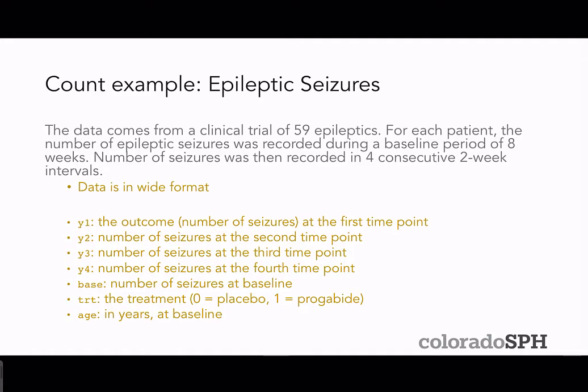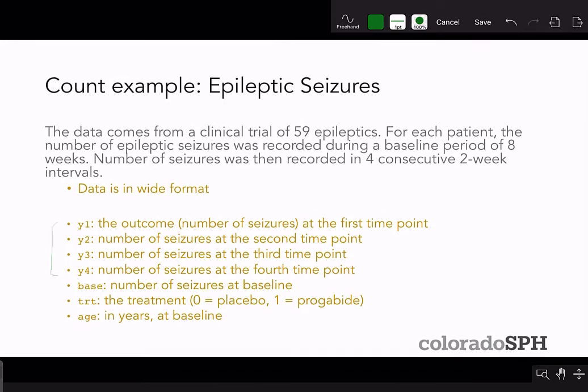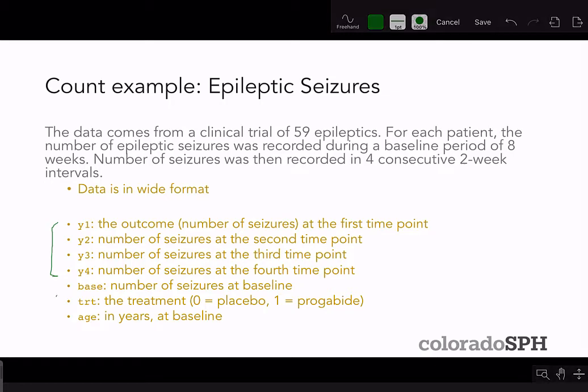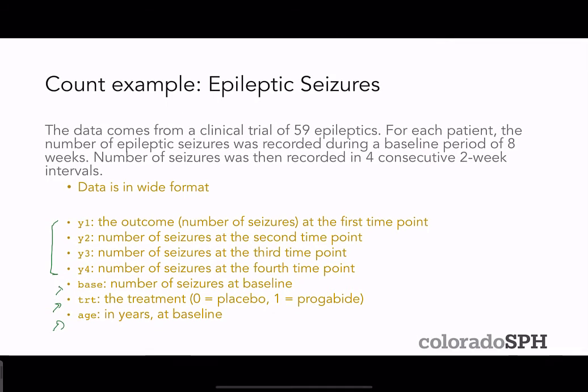And this is actually a real data set that is in the GEE package, so if you want to play around with it, go for it. And you have each of the different outcome variables at each of the time points. You have the baseline number of seizures, you have a treatment variable, and you have age in years.